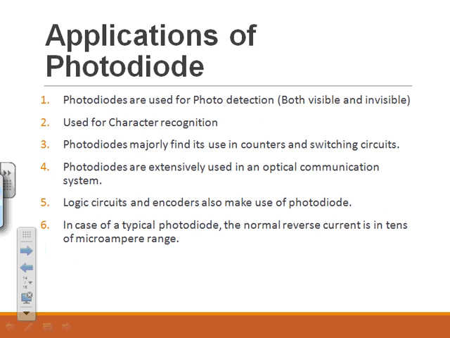Now the applications of the photodiode. Photodiodes are used for photo detection, that is to detect light energy, both visible and invisible light. They are used for character recognition, like barcode reading.